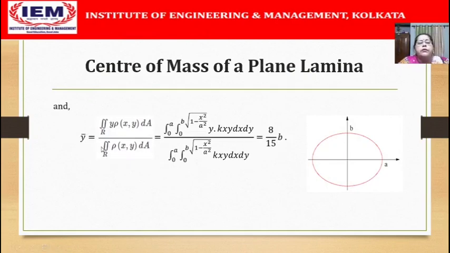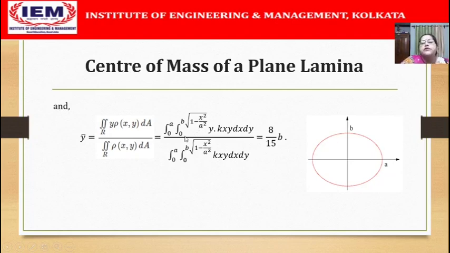Let us now see the expression for y bar, the y coordinate of the lamina. So y bar will be double integral y rho xy dA divided by the double integral rho xy dA. The integrand is y, rho xy means kxy, and dA stands for dx dy. We have the same limits for x and y as already explained.